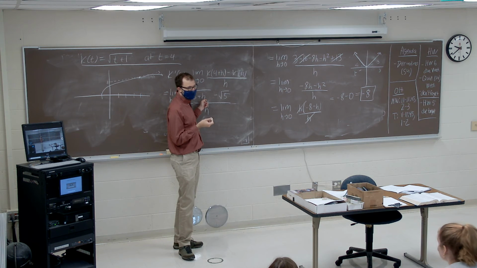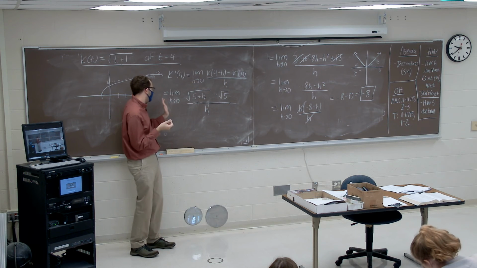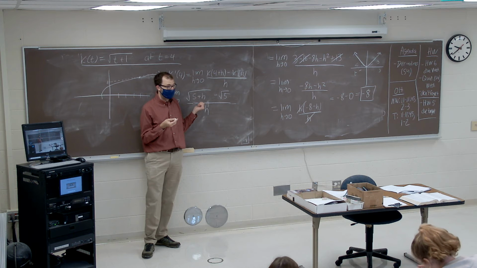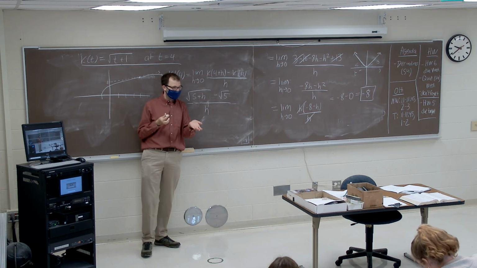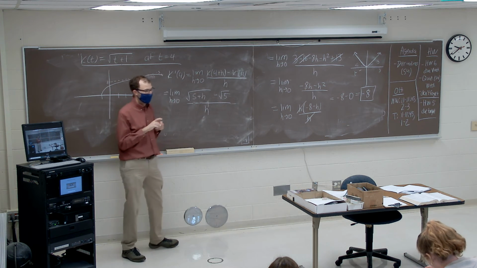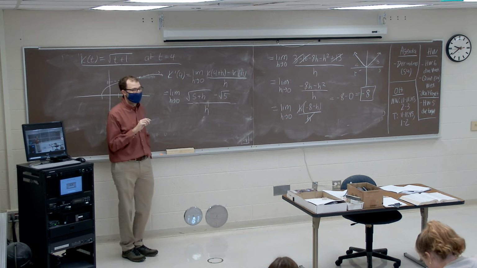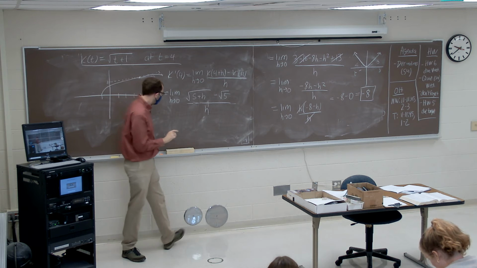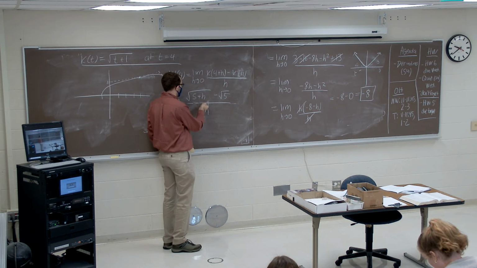Can we factor out an h here from our numerator? Well, let me back up. Can we plug in h equals 0? No. Why not? You get 0 over 0. The classic problem: you always get 0 over 0 if you try to do that. We can't plug in h equals 0.